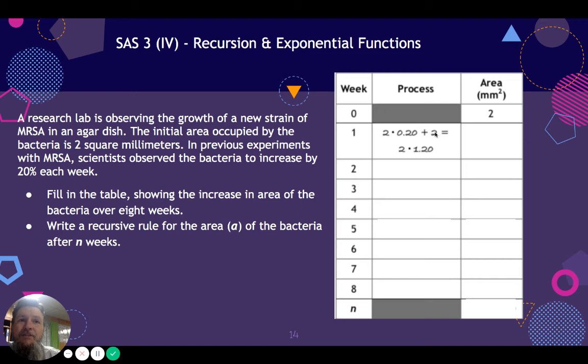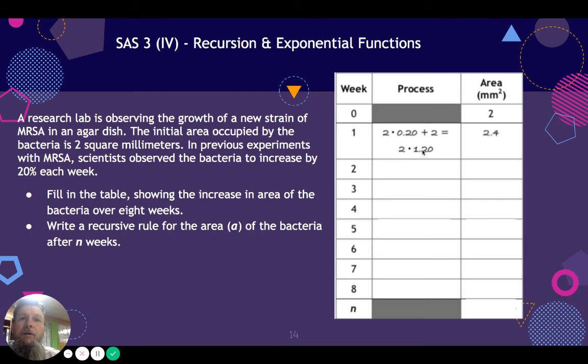We have to add the 2 millimeters that we started with. We're going to show the increase and add it to what we already have. So it's 2 times 1.2. So in other words, we have an increase of 120%. If it grows 20%, then it's growing a total. The increase is 1. The common ratio is 1.2.